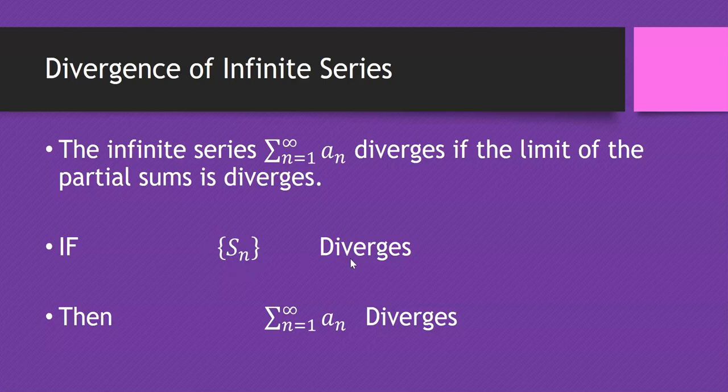Diverge once again can mean the limit goes off to infinity, or the limit does not exist. So if the partial sums diverge, then we say the series diverges as well.